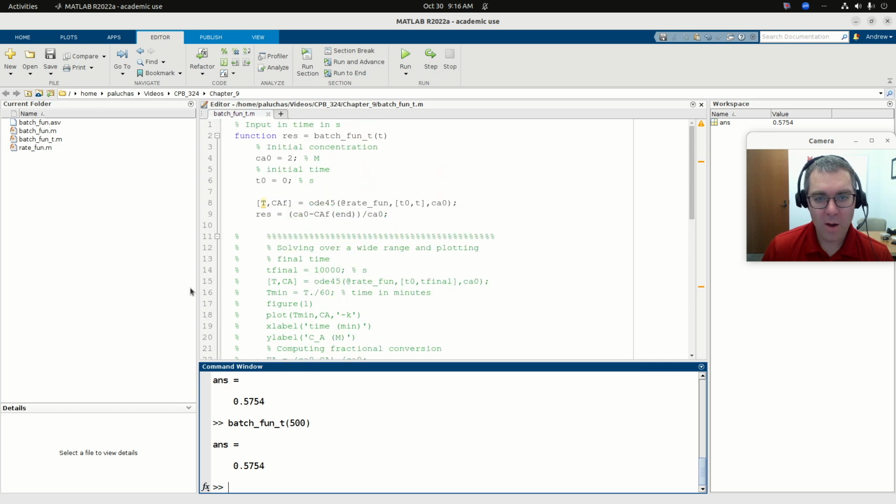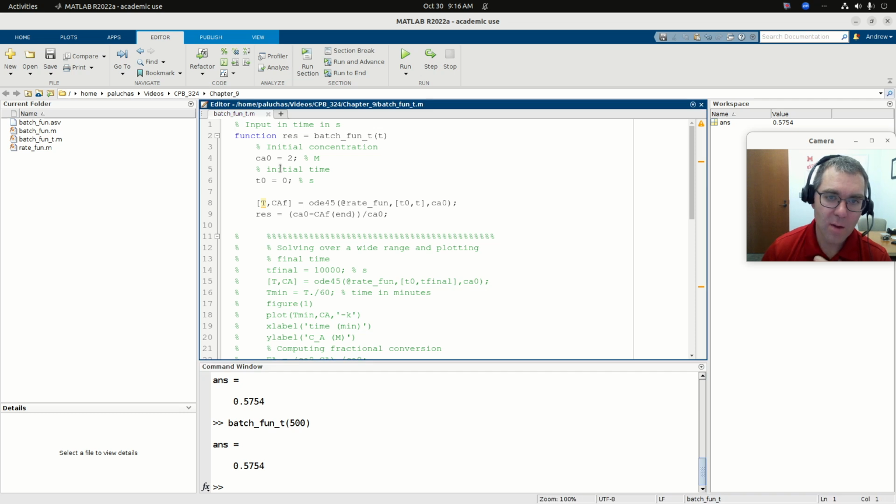Okay. All right, so now I have some function that I pass t to. It returns back the concentration at that given t, or it returns back the fractional conversion at that time t. Actually, I'm going to keep this as batch fun. Okay, and I'm going to create a new function.